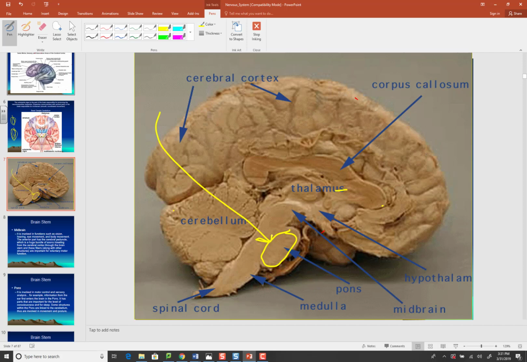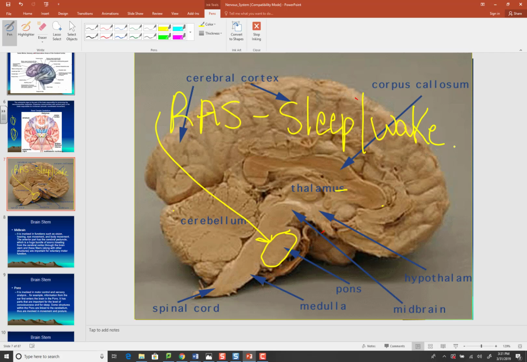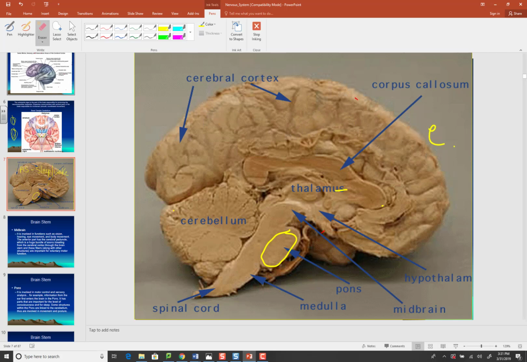Also, it has an area called the reticular activating system, which is involved in your sleep-wake cycle. It tells you to go to bed, and then it tells you to wake up. That's why if you work third shift, it's very difficult to sleep when it's light out, and why you need to have that room as dark as possible.